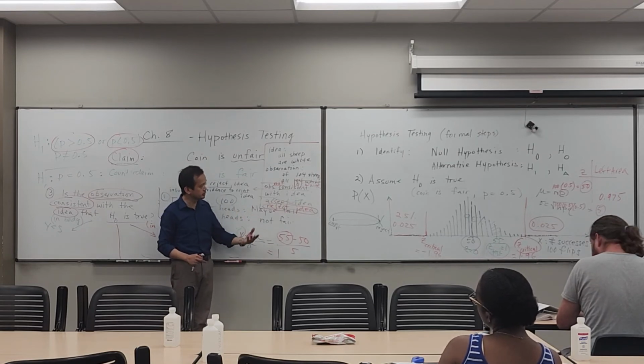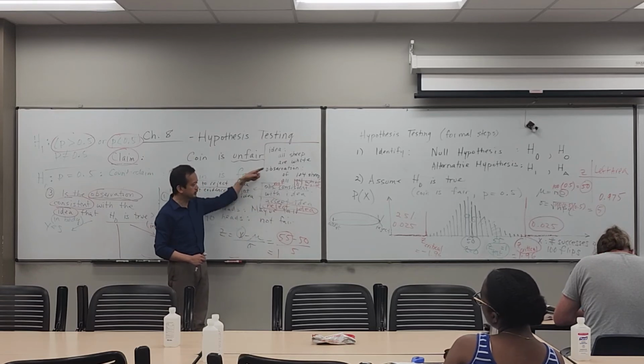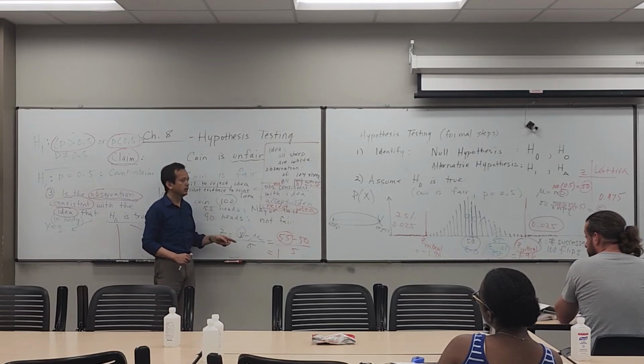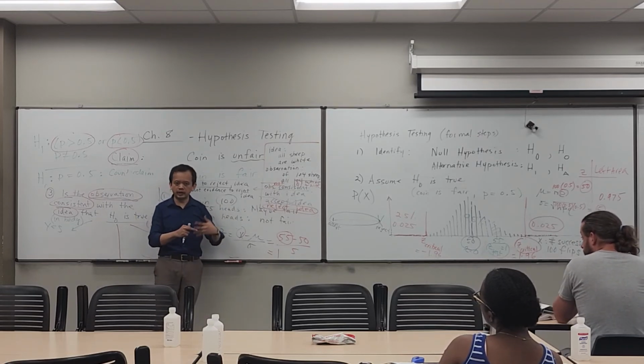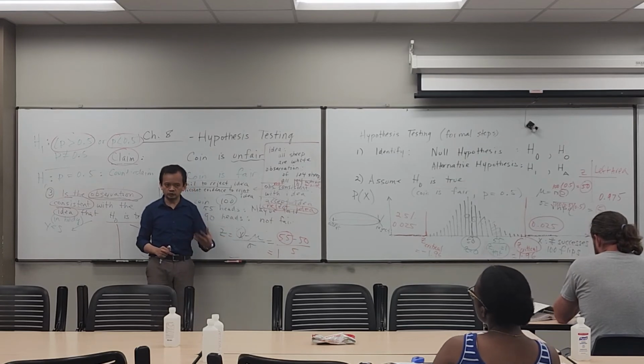So, to show that an idea is true, you have to prove it for all possible cases. But to show that an idea is false, you only need one counterexample. So it's much easier to show that an idea is false and disprove an idea than it is to prove that an idea is true.